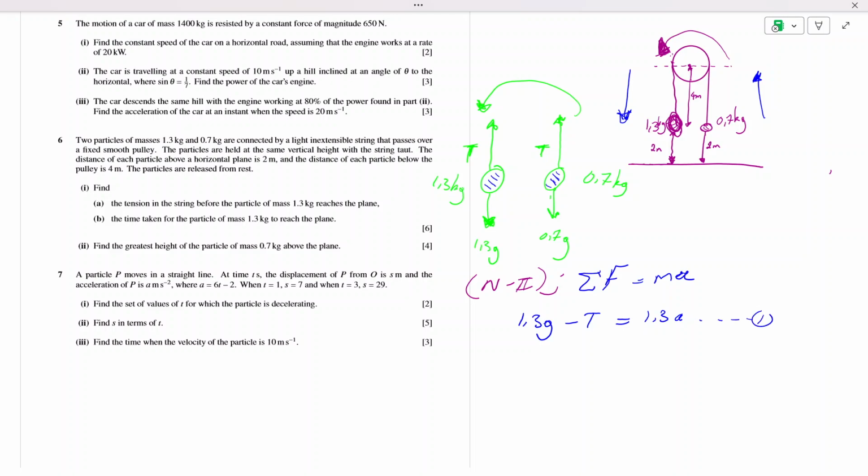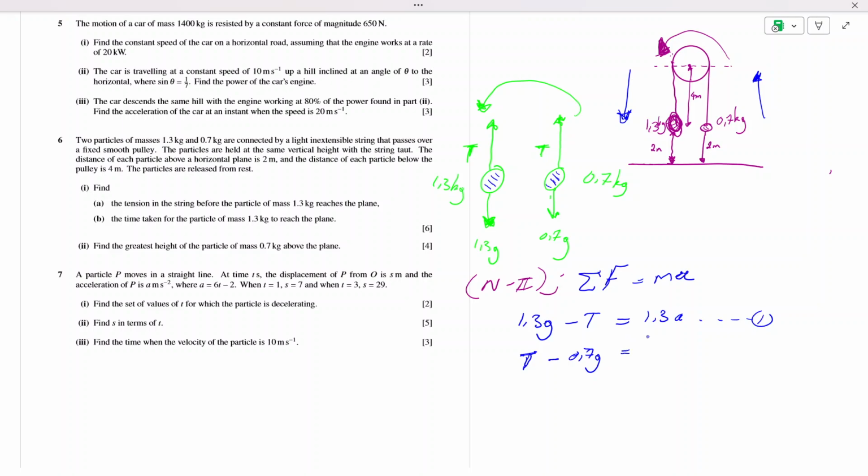Then also do the same thing for the 0.7 kg mass. It's moving up in this case on the pulley. Therefore, the tension is greater than the 0.7 kg mass weight, which is 0.7g in this case, right? The force that is opposing the tension.